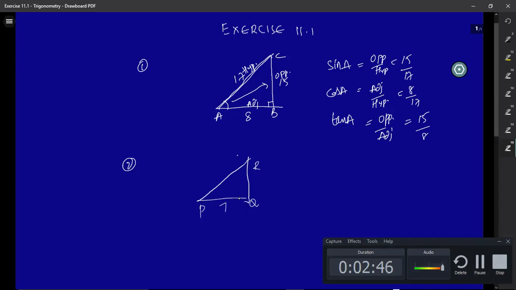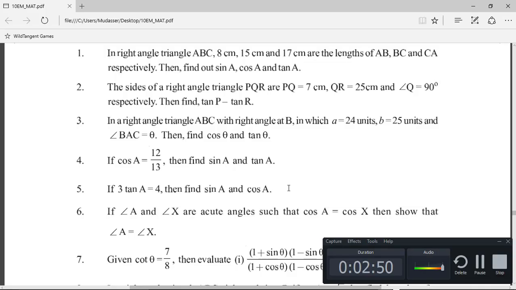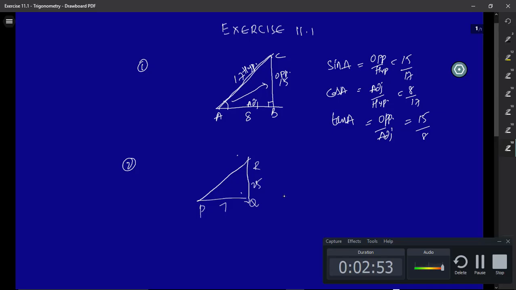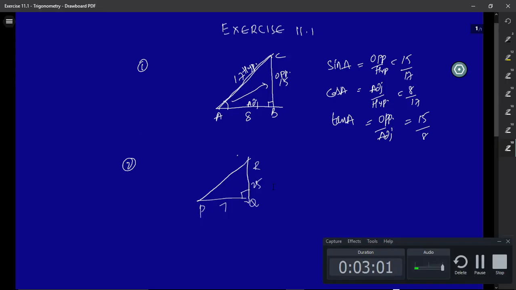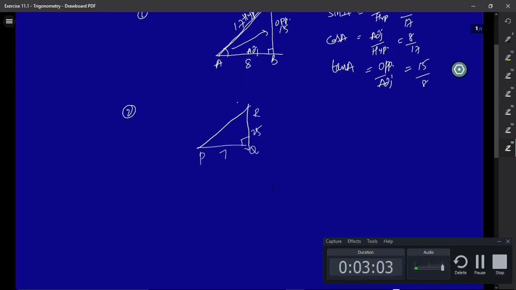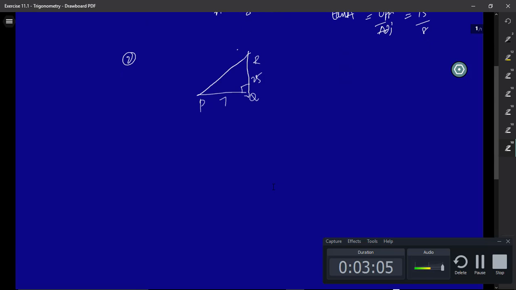PQ is 7 cm, QR is 25 cm and angle Q here is given as 90 degree. Now we are asked to find out the value of tan P minus tan R.